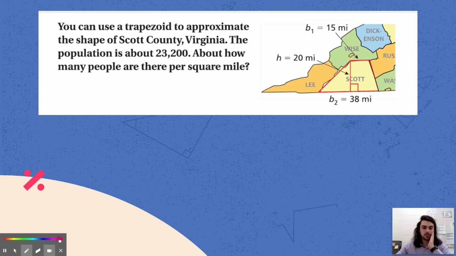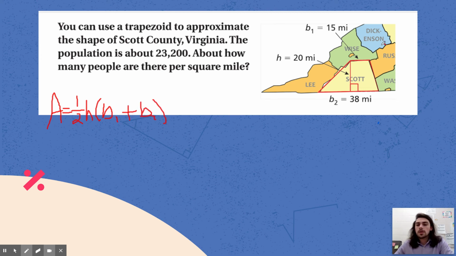Let me change my color because I'm going to start writing in blue. I need to use the trapezoid formula: 1/2 height times B1 plus B2. Now I plug in my height. That's 20, because they're already labeled for me nice and neat. Base 1 is 15, and my base 2 is 38.